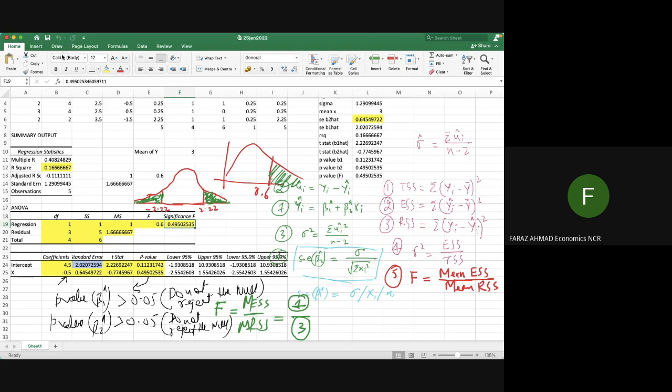So it doesn't make any difference to us whether the p-value is 6% or 56%. They are both the same, because in both cases we are not going to reject the null, right? So our result is not affected. That's why we can look at the table and reach a conclusion without having to know the exact p-value of the F statistic or the exact p-value of the t statistic, right?